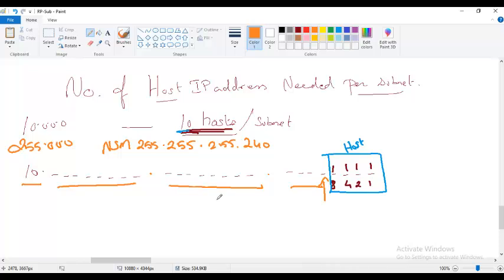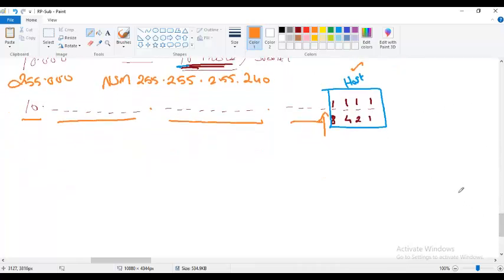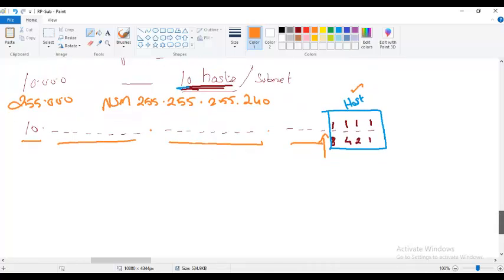We keep the host bits for ourselves and give the balance bits to the network. Now, you know the story. This is equal to borrowing 8 plus 8 plus 4, 16 plus 4, 20 bits for subnetting.